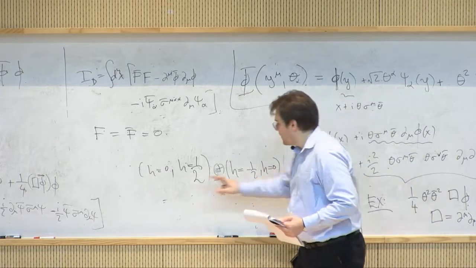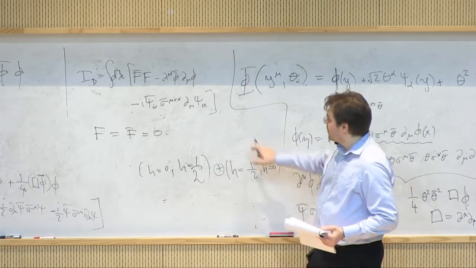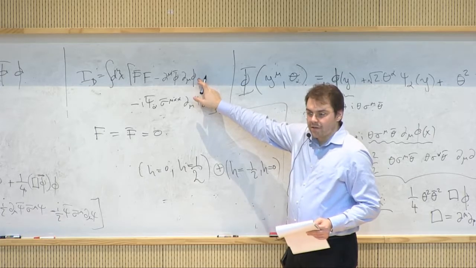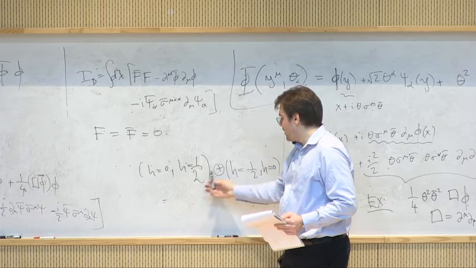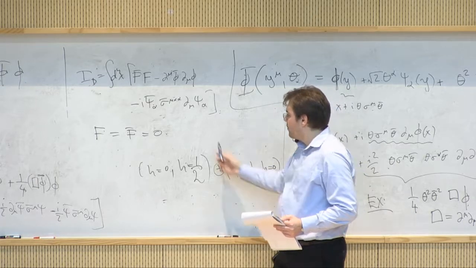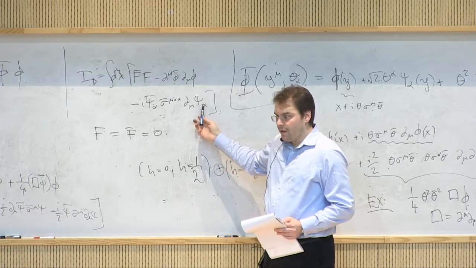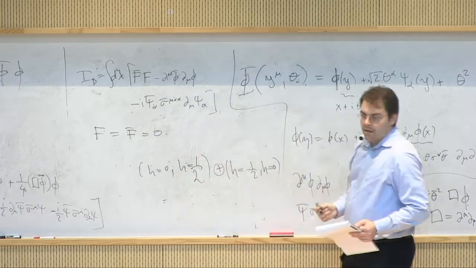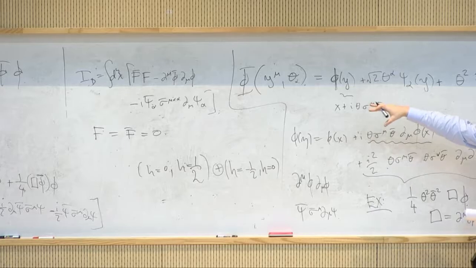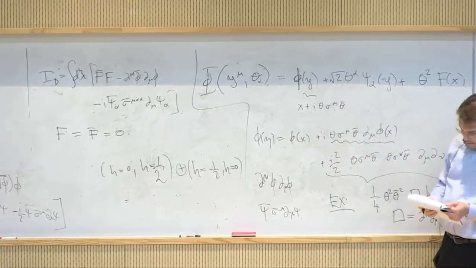So you have two helicity 0 states, and those are the two complex scalars described by phi. And then we have a left-handed fermion state and a right-handed fermion state, and those are described by the Weyl spinor psi alpha and its complex conjugate. So this is the field analog of the massless particle multiplet we had before.